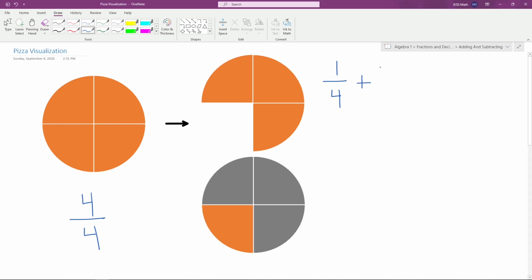But instead of writing 2 out of 4 slices here, I can see that 2 slices is the same as 1/2 of the pizza. So I can instead write 1/2, which is the reduced form of 2/4, and you would still have eaten 3/4 of the pizza.